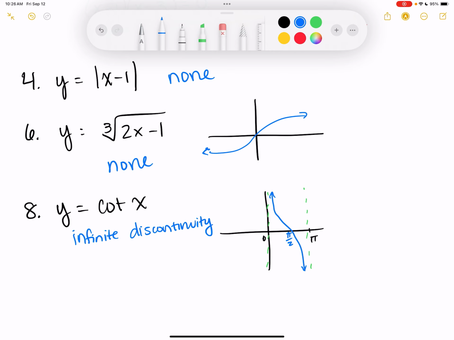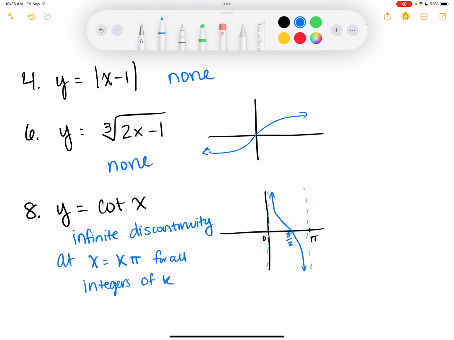So what we would say as to where they are is that they are at x equals k times pi, for all integers k, because any integer increment of pi would have one.